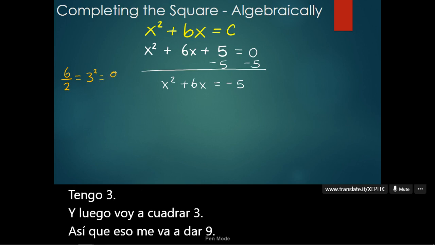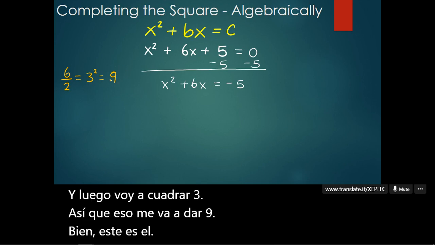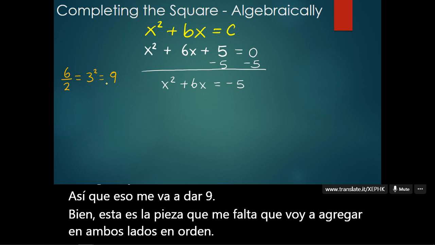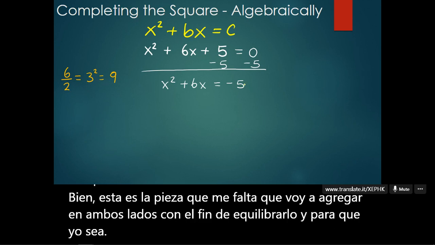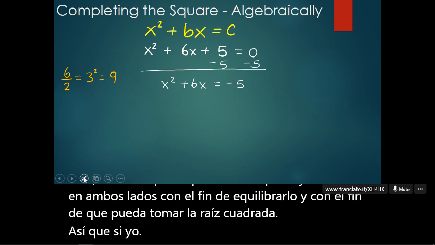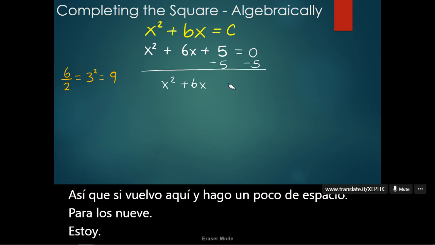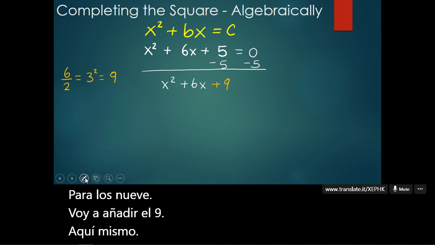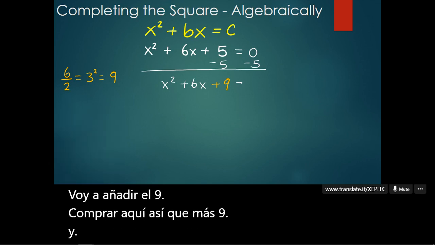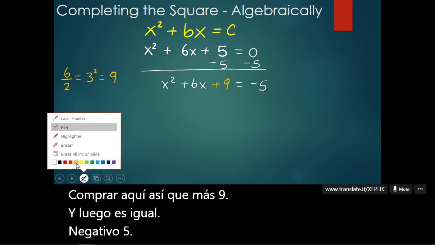This is the missing piece that I'm going to be adding on both sides in order to balance it out and in order for me to be able to take the square root. So if I go back in here and make some space for the 9, I'm going to add in the 9 right here. So plus 9, and then equals negative 5, and then plus 9.